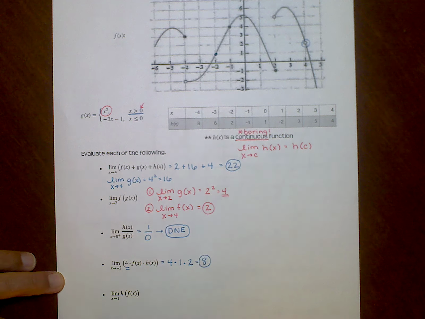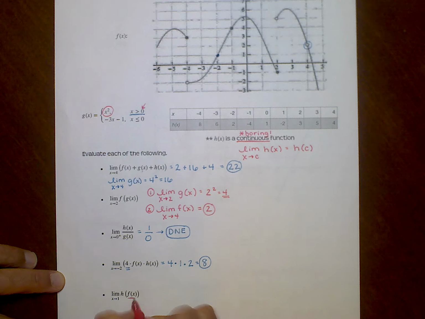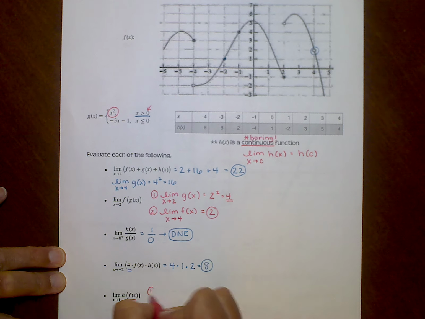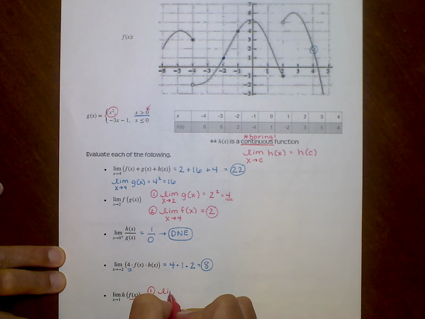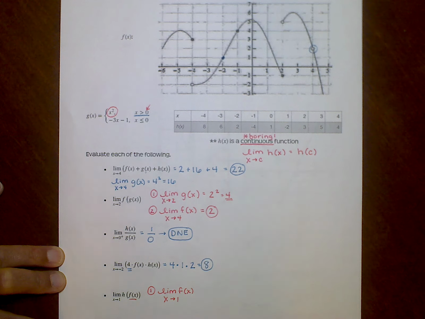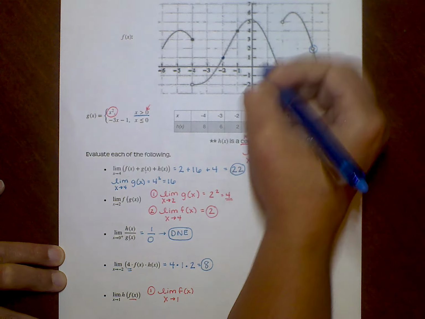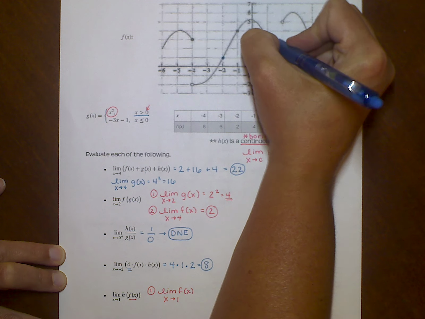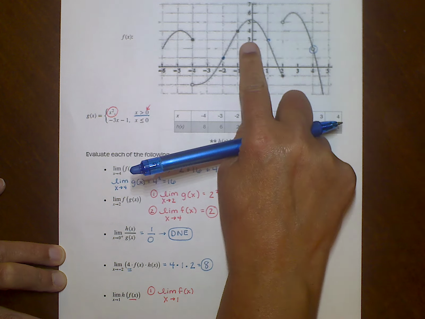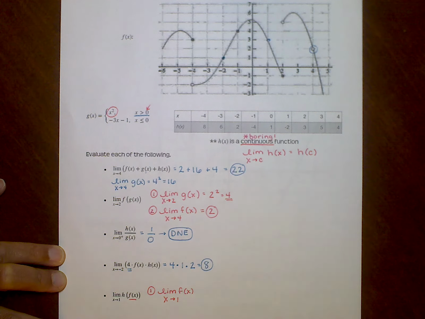And then another composite. Again, I'm going to start on the inside here. Step 1 is let's find the limit of f of x as x approaches 1. Limit as we're approaching 1 looks like it's 3 on the y-axis.